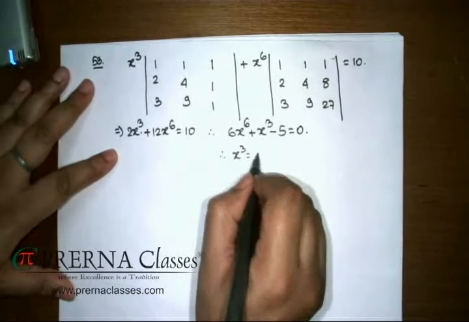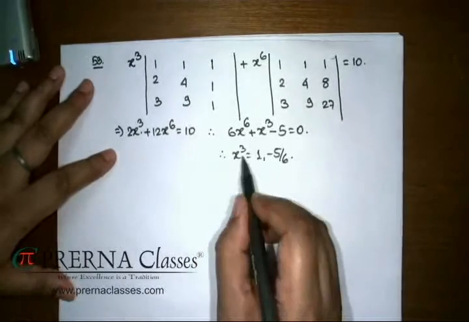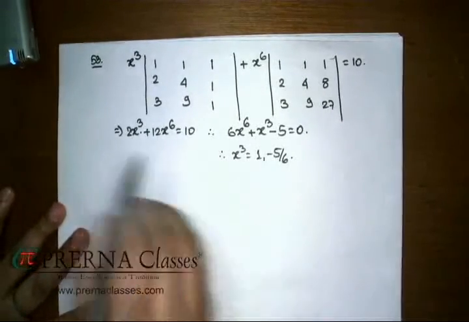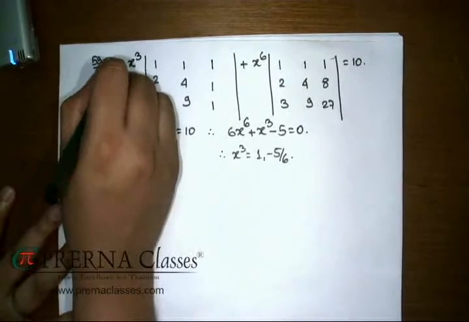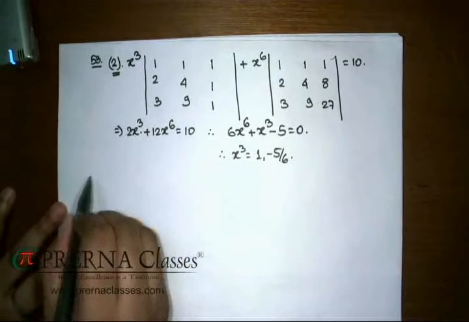Clearly x cube is 1 is one of the roots and the other one is minus 5 by 6, as the product is minus 5 by 6, and both of these two equations are going to correspond to one real solution each. So the total number of real x which satisfy is going to be 2, which is the final answer for this problem.